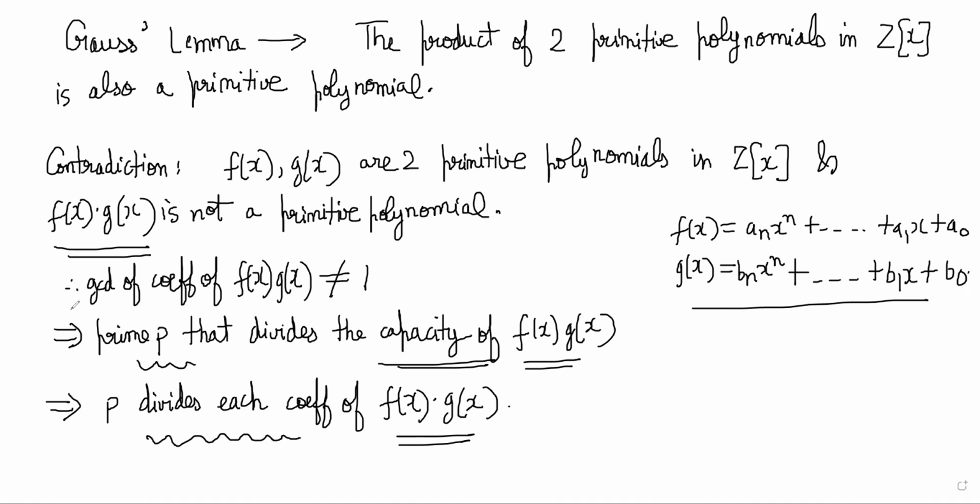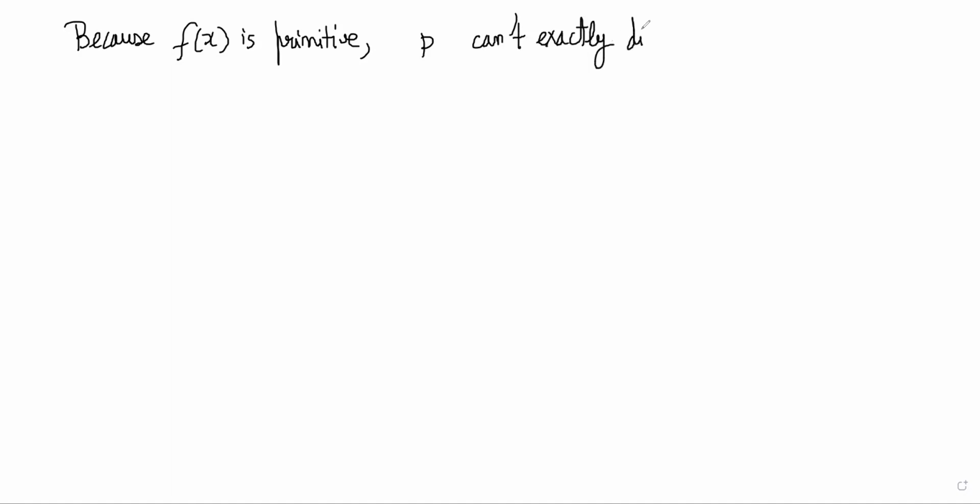Now we go on to the next screen and we say, because f of x is primitive, we know that p cannot divide all the a i's. The a i's were the coefficients of f of x. p cannot divide all the a i's, otherwise the GCD would become p.